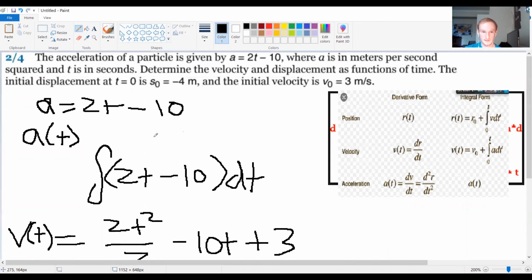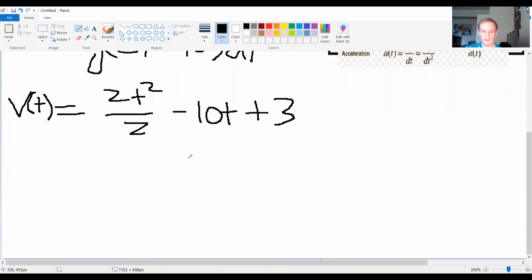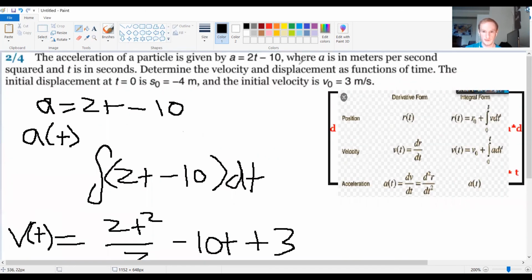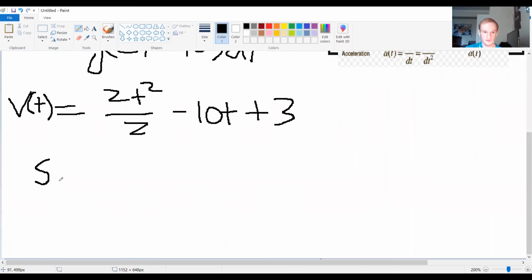So to continue on with this, now that we went from acceleration to velocity, now we can go from velocity to position, which is in their wording here, S sub O. And we're just going to write t here, just so we know it's a function of time.